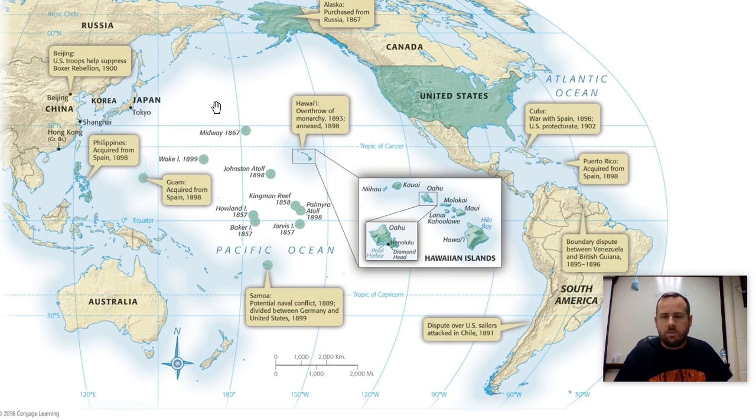There's dates, and you can kind of zoom in and look at this, but right around that turn of the century, the 1890s and early 1900s, America is really going to expand its influence from a local presence to a much more global presence.